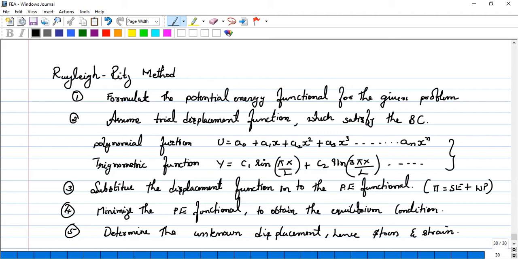Total 5 steps are here, the same we follow in the numericals. Formulate the potential energy functional, assume the trial displacement function, which could be polynomial or trigonometric, substitute the displacement function in the potential energy functional, minimize that, and determine the unknown displacements. We shall see how the problems are solved using this method.